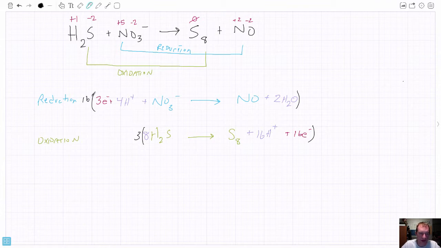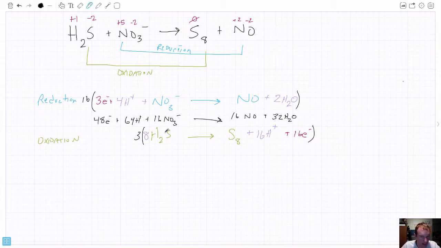And so when we do that, what we get is 48 electrons plus 4 times 16, which is 64 H pluses, plus 16 NO3 minus yields 16 NO plus 16 times 2, which is 32 H2O. Okay, I told you that this one was going to be pretty large with respect to the coefficients.